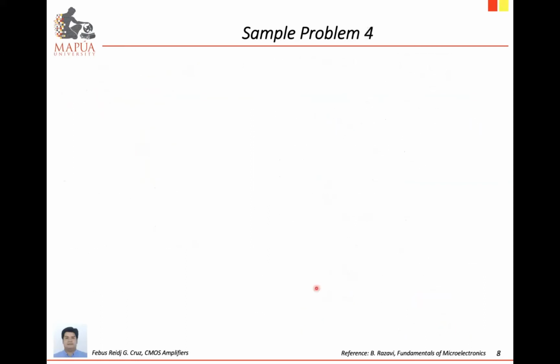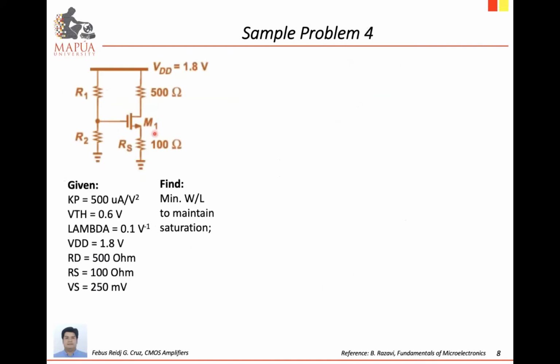So here is another solved problem. Again, we have a voltage divider with a source resistor. The transistor parameters of M1, Kp, VTH, and lambda are all provided. Circuit parameters, we have VDD, RD, RS, and the source voltage is given.